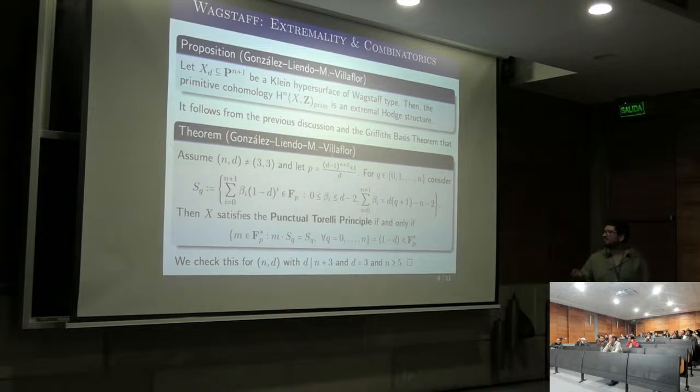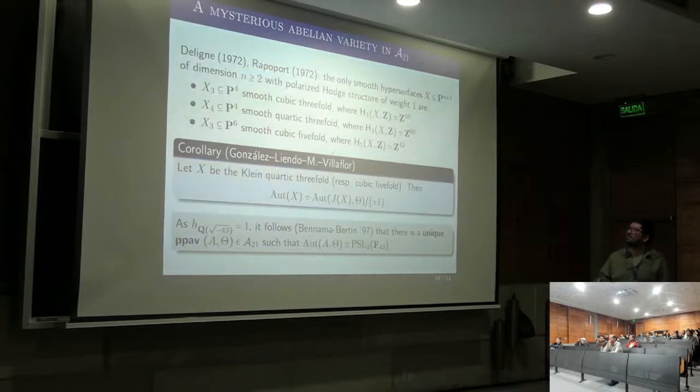But still, there is a nice consequence of this: it implies the most geometric version of the punctual Torelli theorem, namely the one involving intermediate Jacobians. Why?